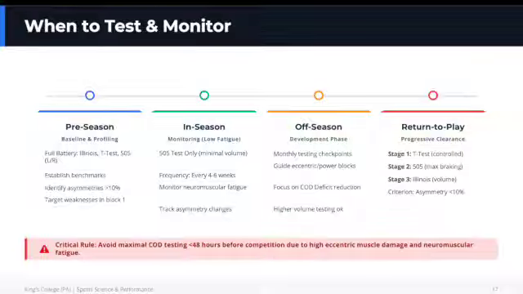When to test and to monitor. If you are in pre-season, that's the baseline and profiling. You have to run a full battery of tests to establish the benchmarks and identify asymmetries, more than 10%, and target weaknesses in block 1.